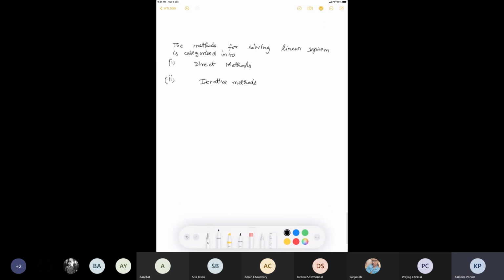So what is the difference? In the direct method, though we are going to develop some algorithm to solve the system, these methods give you the exact solution, meaning there's no mathematical error. Let me just write this here.